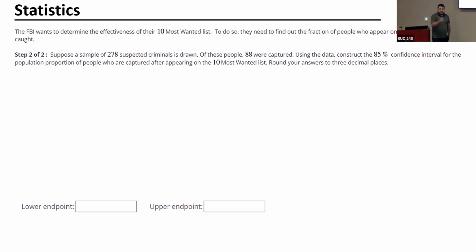If you were using your table, you need to look that up in your critical values of Z table. I can tell you right now that that number would be 1.44. Then you take the square root. Or what button are you putting on your calculator? 1-PropZInt. Yeah.